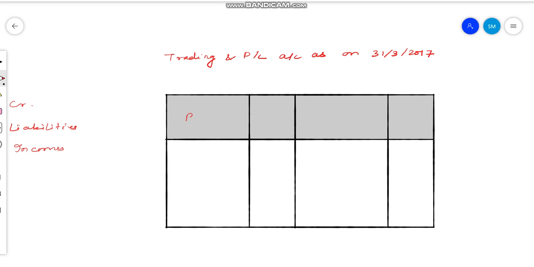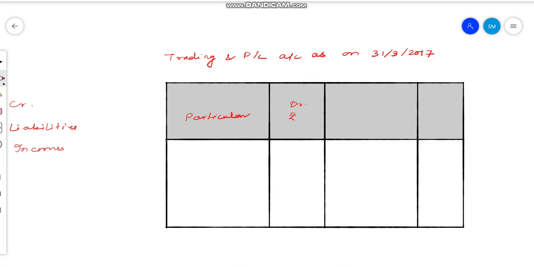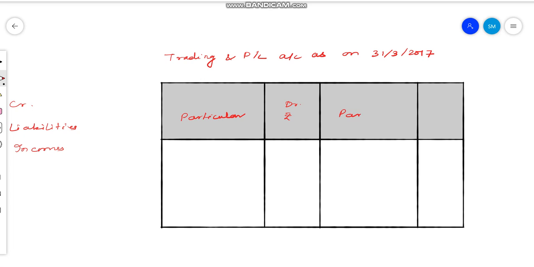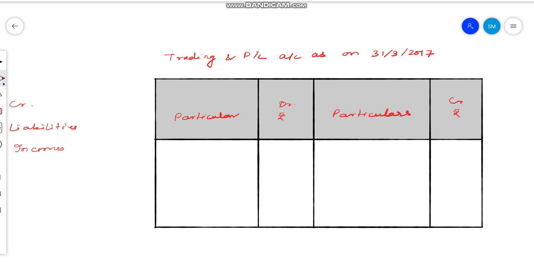This side is particulars, amount, debit side. This side particulars, amount, credit side. Debit side means it is my expenses.